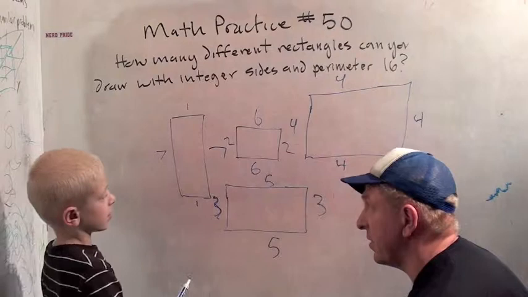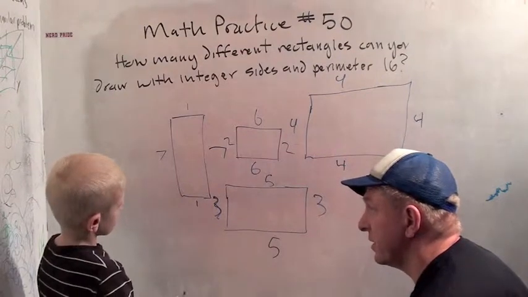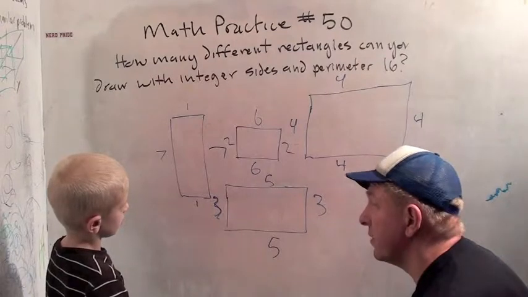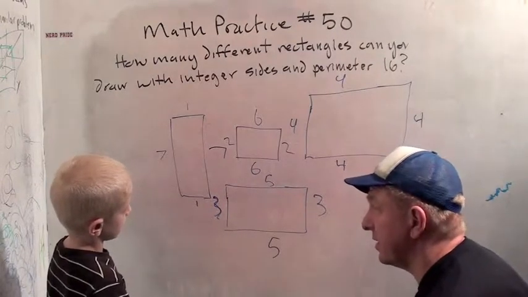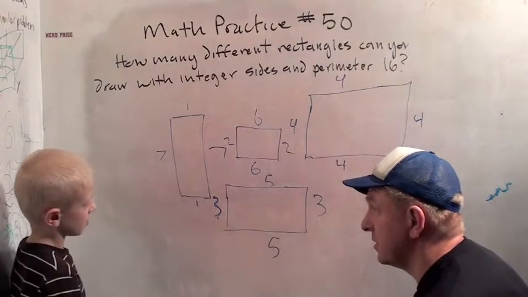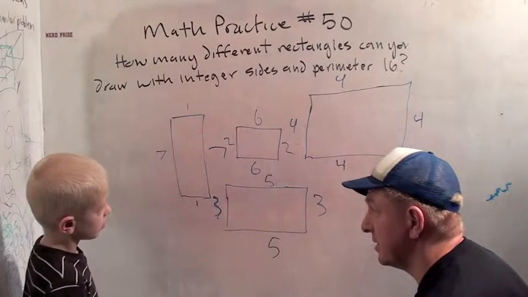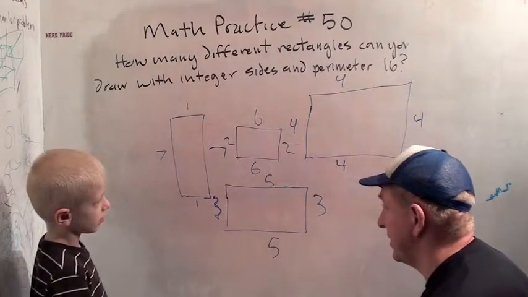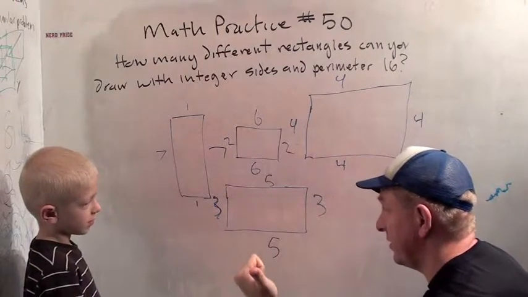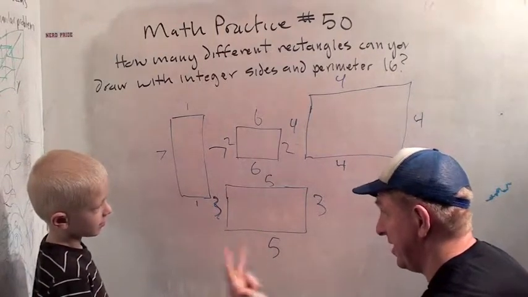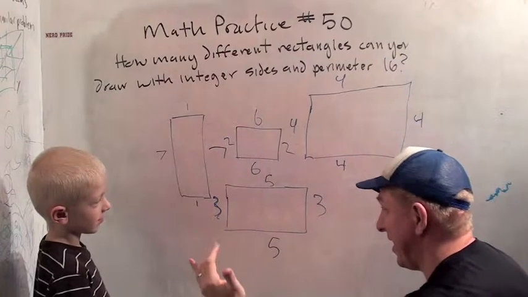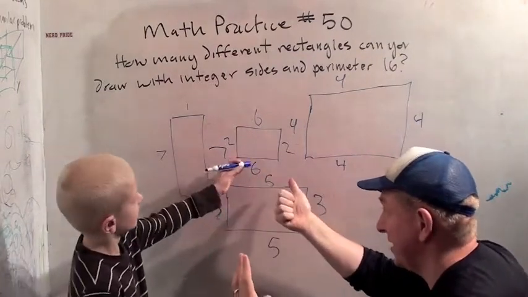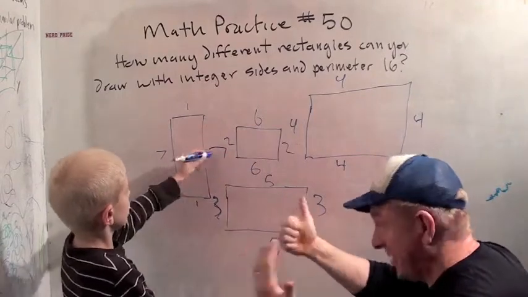Well, you've done 1, 2, 3, 4, 5, and 6. What else have you done? You've done 7.